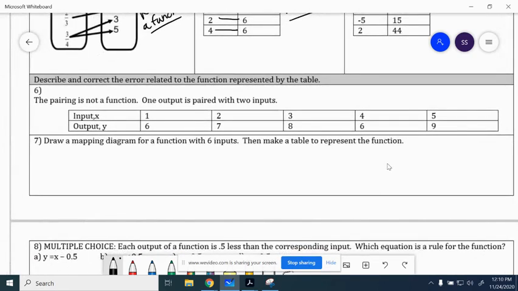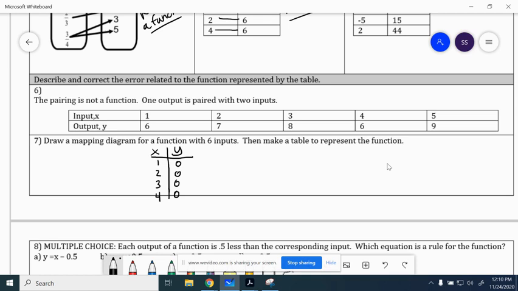Number 7, draw a mapping diagram for a function with 6 inputs. Okay, so how about we don't overthink this because we can make this whatever we want. So my x values are going to be 1, 2, 3, and 4, and my outputs are going to be 0, 0, 0, and 0.